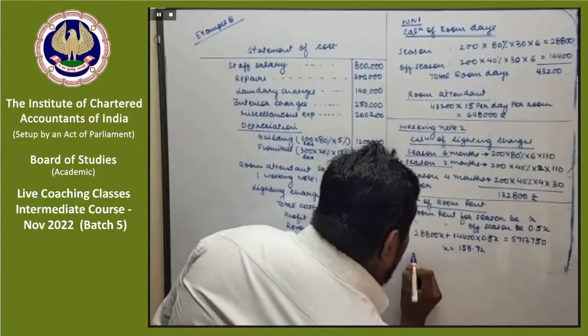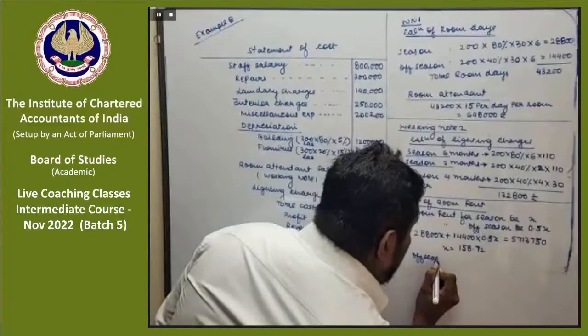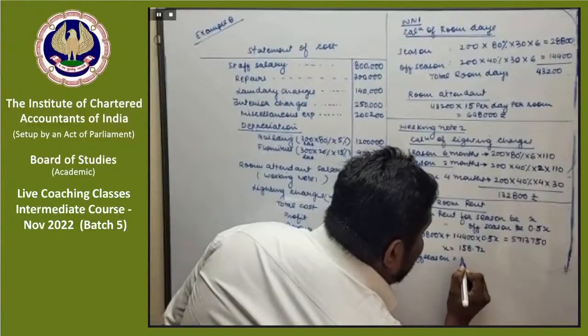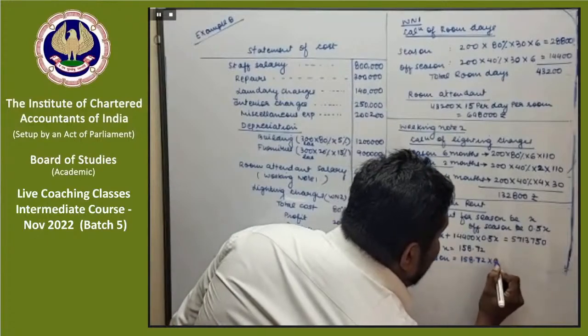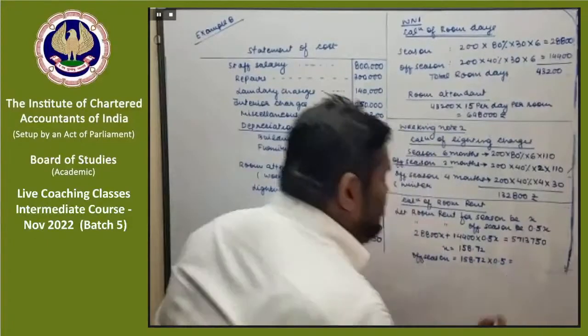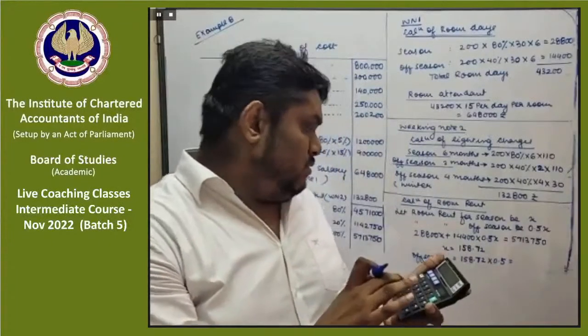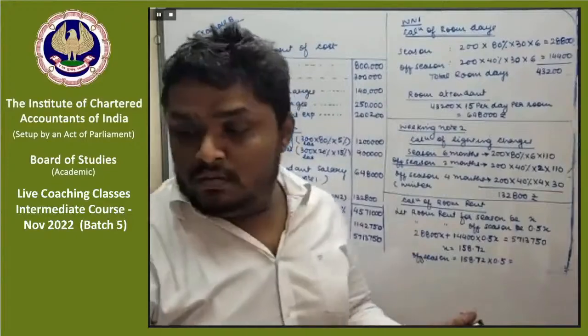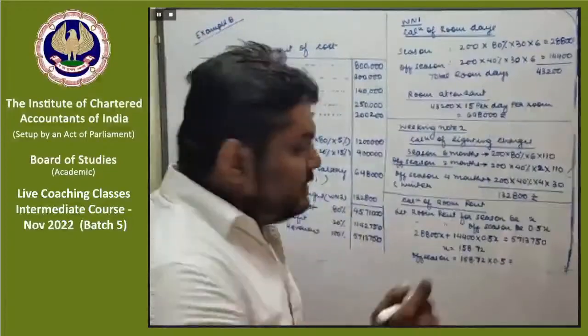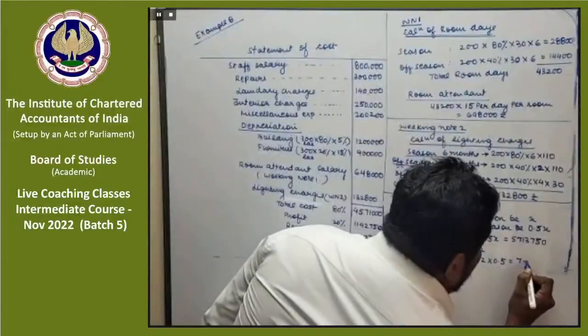And for off season, it will be 158.72 into 0.5. So this will be 79.36. Prabhas, your answer is correct.